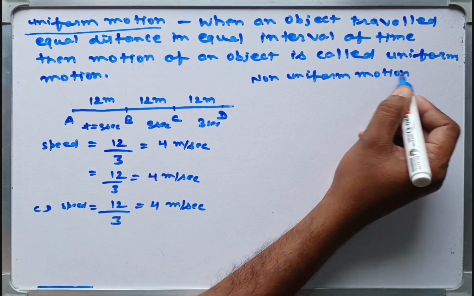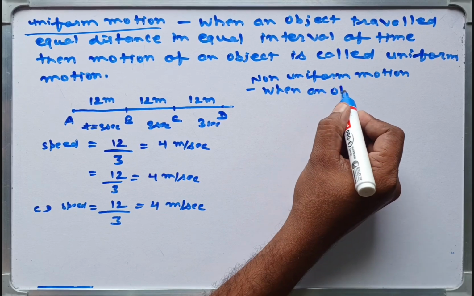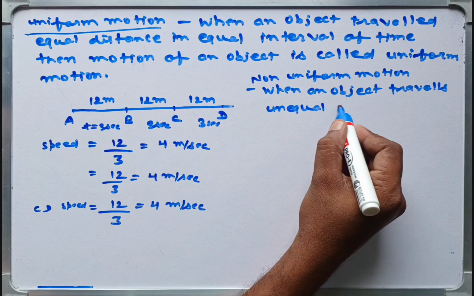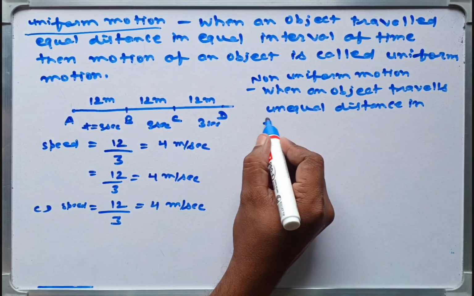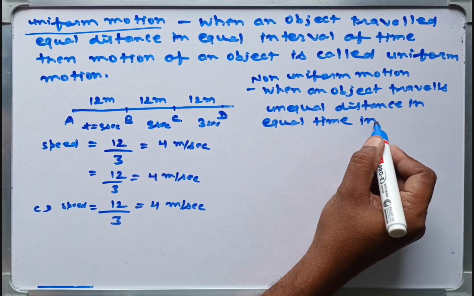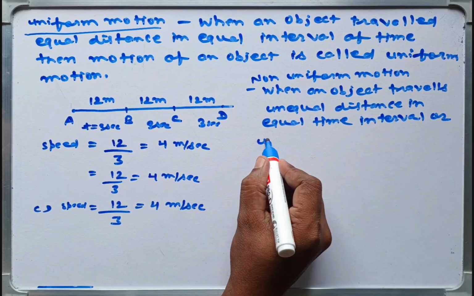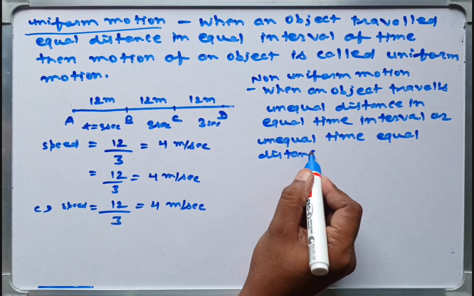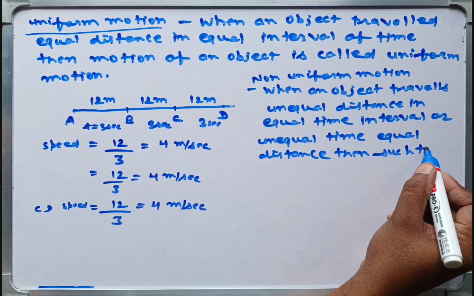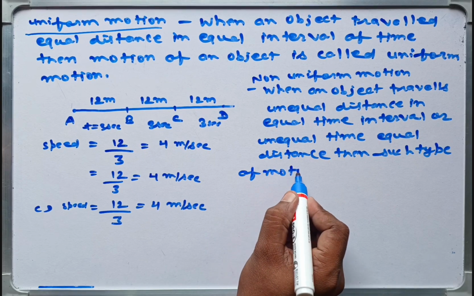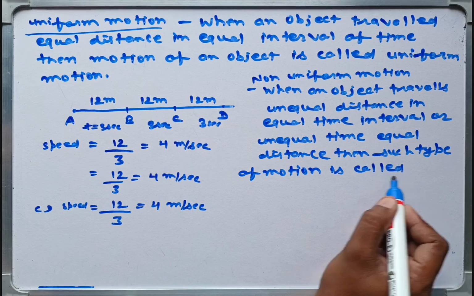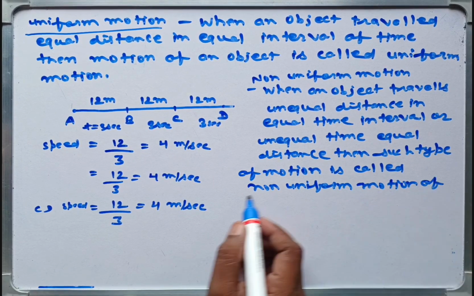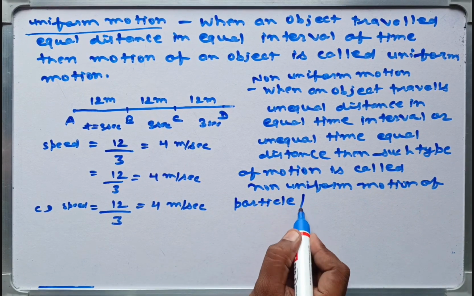Okay, so the second one is non-uniform motion. When an object travels unequal distance in equal time interval, or equal distance in unequal time, then such type of motion is called non-uniform motion of a particle, or you can say object.